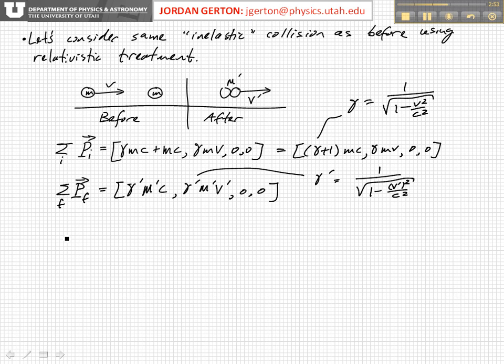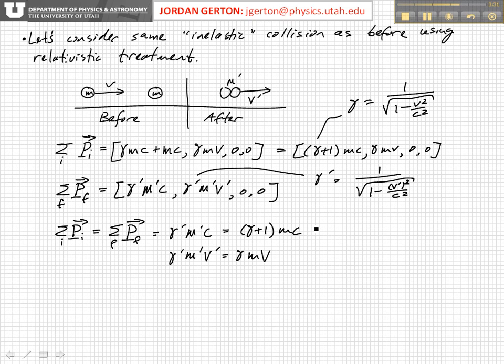Okay, now if we just equate these two, the initial and final four-momenta, then we get that gamma prime M prime c is equal to the energy component of the initial four-momentum, and gamma prime M prime v prime is equal to gamma mv.